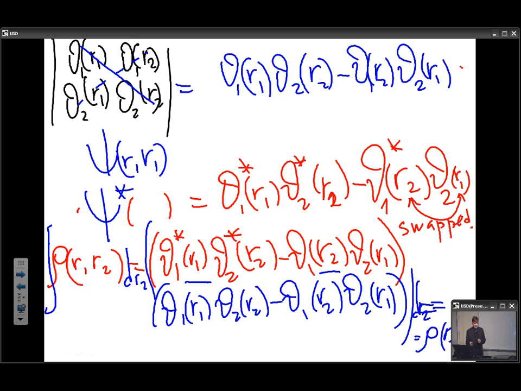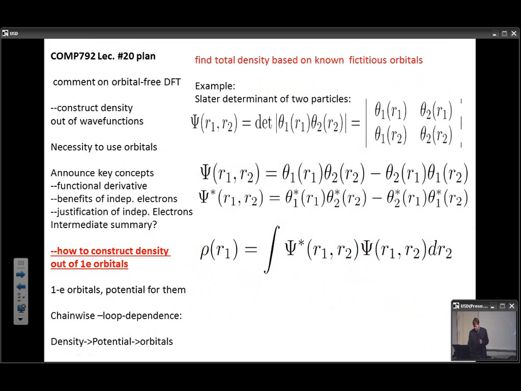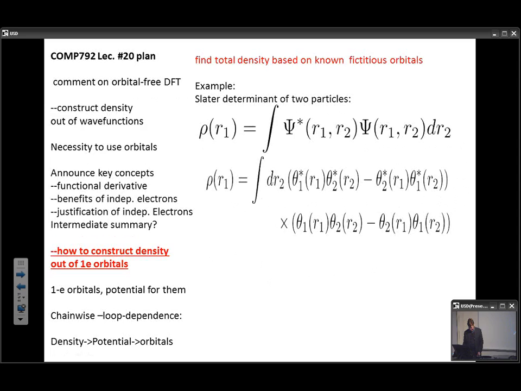So integration over the R2 variable will help to cancel some terms. Instead of 4 terms, we will get a much more compact expression, with fewer factors and fewer terms. Okay. We didn't make any mistake by now.